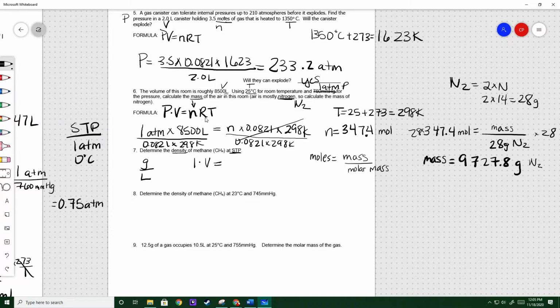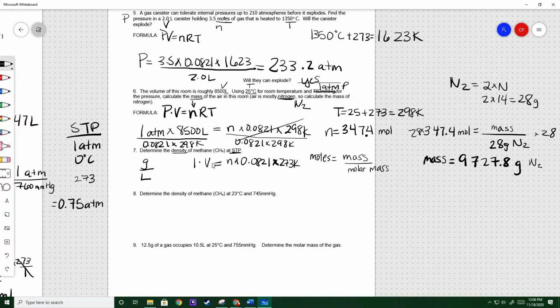My moles, not sure again. My R is 0.0821. And then my temperature is 0 degrees Celsius, but we can convert it to Kelvin by just adding 273. So my temperature is, in this case, 273 Kelvin.